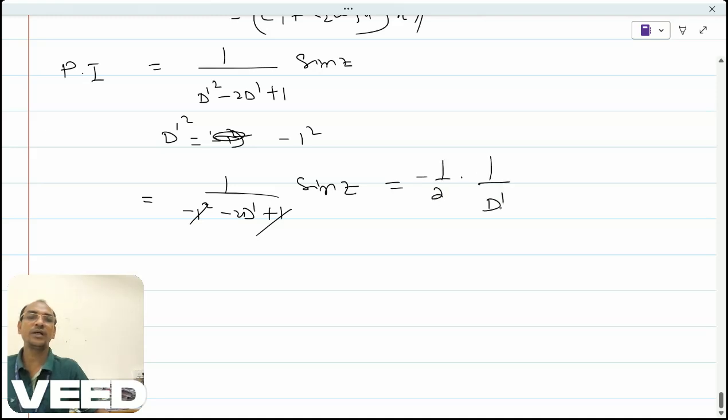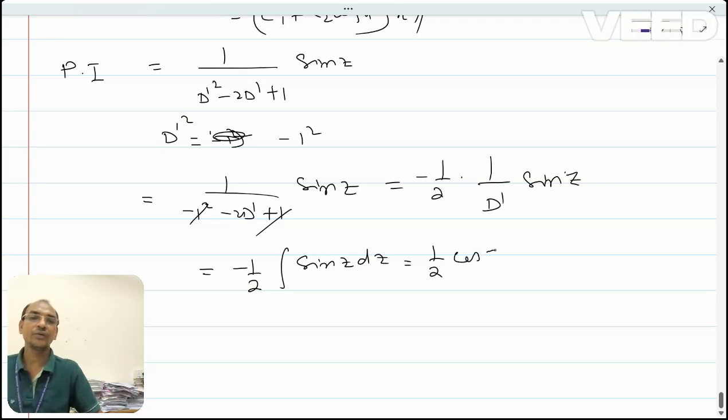Remaining thing will be minus 1 by 2 into 1 by D dash into sine z. 1 by D dash means integration with respect to z, and so this is equivalent to minus 1 by 2 integration of sine z dz. Integration of sine will be minus cos, so it will be 1 by 2 cos z.